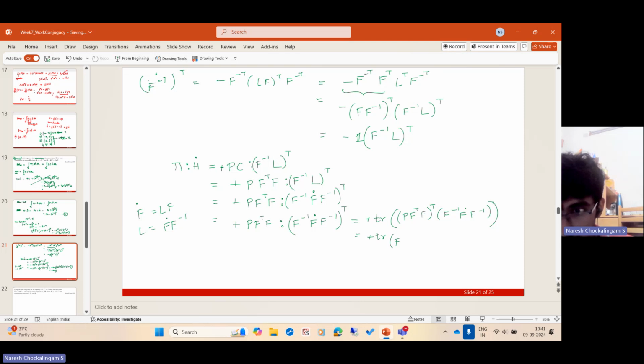So there is a transpose here. Yeah, now it is fine. So this transpose means you can just... so this is equal to P F transpose F double dot F inverse transpose F dot transpose F inverse transpose.